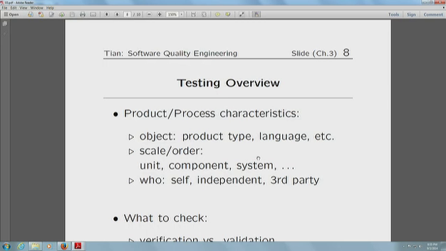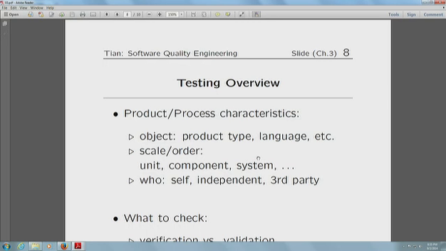What you do is observe failures, reproduce those failures, do some analysis and localization to locate the fault that caused the failures, and remove that. When you do this, you will be testing something that's already implemented.